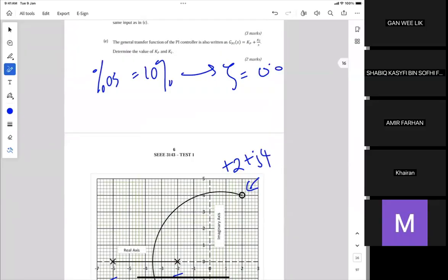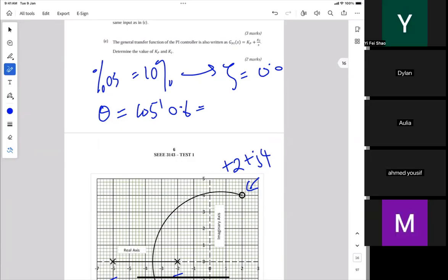So 0.6 will give theta. Danish Kayib. 0.6 will give theta 53.13. Okay.